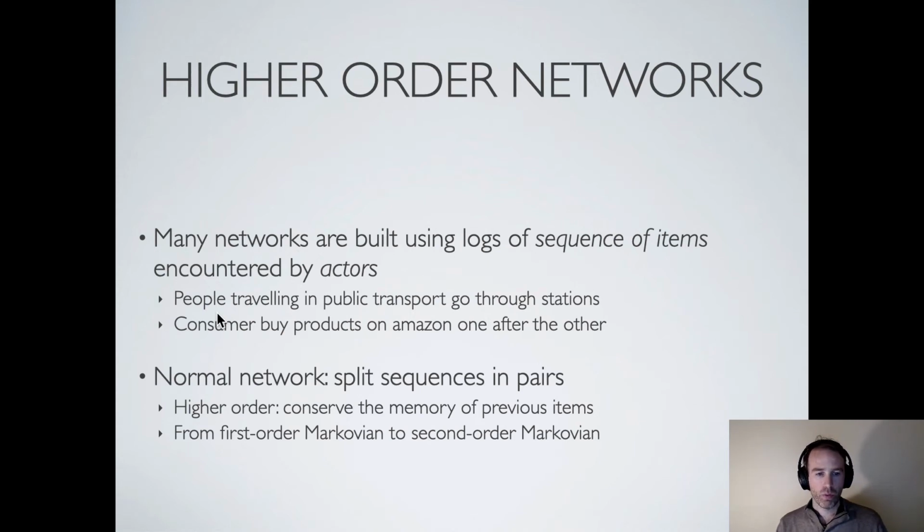Another example would be people buying products on Amazon. Again, you have the information that this person bought first a computer, and then a mouse, and then, I don't know, a keyboard, and so on and so forth.